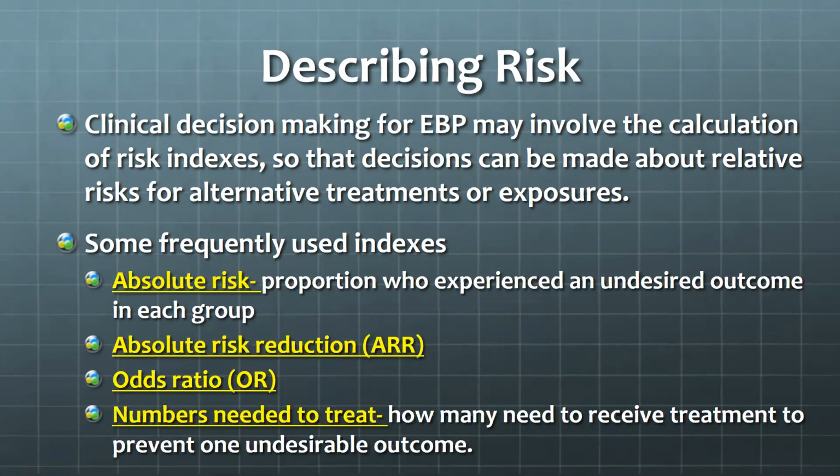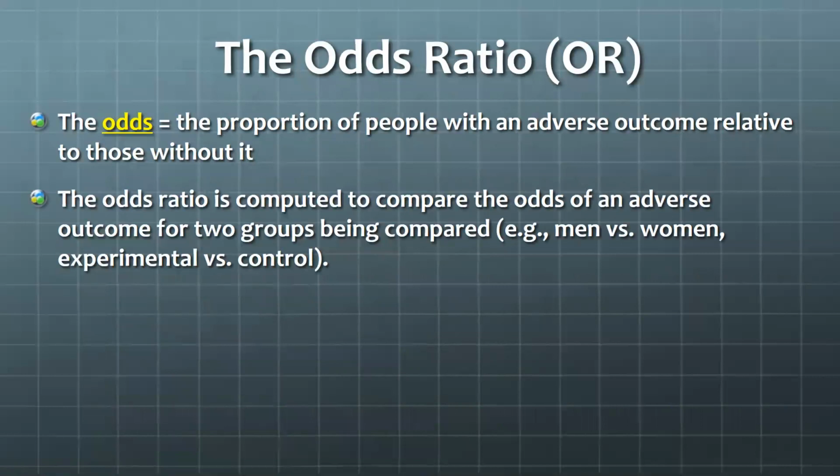The odds ratio, which we discussed in inferential statistics, is the odds that something will occur, and the number needed to treat is the number of people needed to treat to prevent the one undesirable outcome. The odds ratio is the odds that the proportion of people with an adverse outcome relative to those without it. So there's many ways that an odds ratio can be defined.